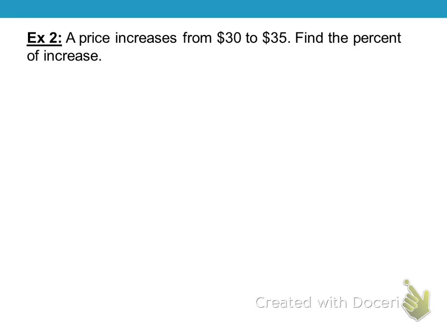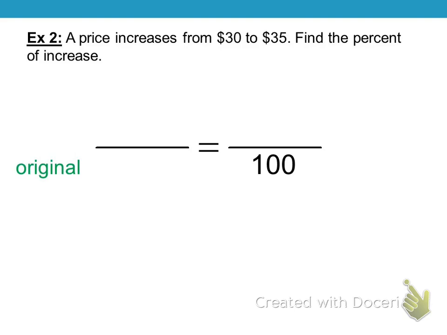All right, but back to example 2. The price increases from 30 to 35. Find the percent increase. So I'm going to set up that same old proportion. The originals go on the bottom. What's the original price? 30. If it went from this to that, the from, that's our original. Now, what sort of things am I talking about on the top?